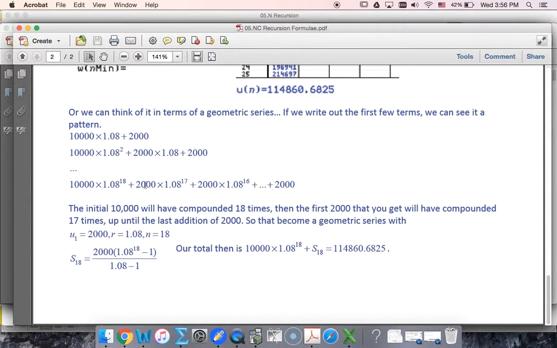This ends up being a geometric series that has a first term of 2,000 and an n value of 18. For this bit, I could use my geometric series formula and then add my 10,000 times 1.08 to the 18, and you'll get exactly the same value.